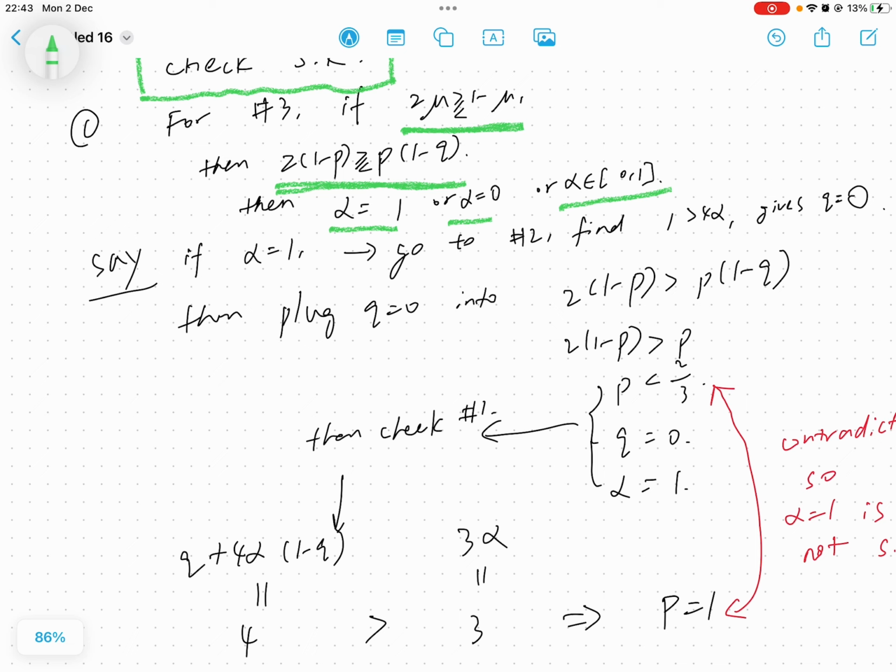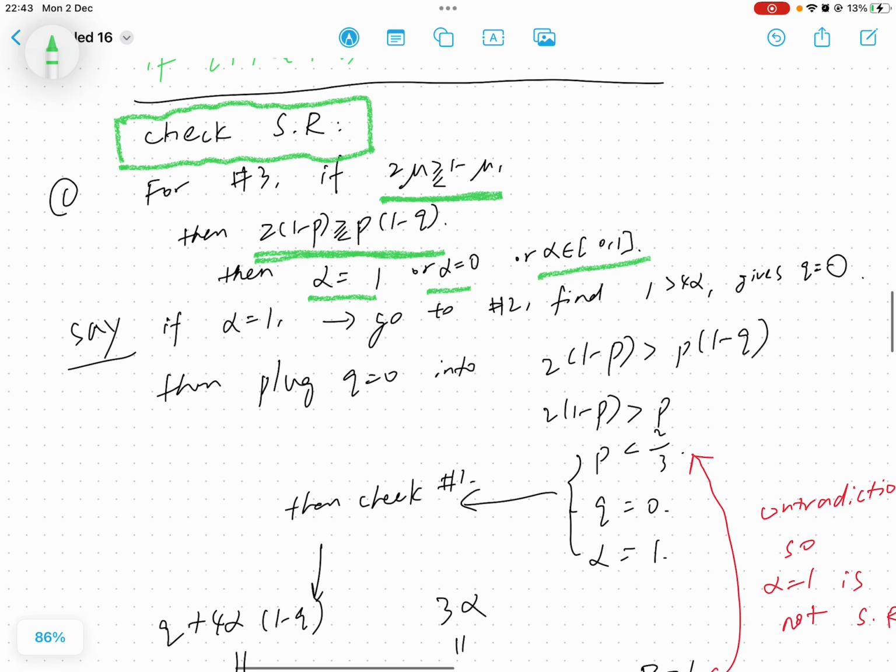Okay, so let's check that by starting with the first case. Let's say alpha is 1 here, from the perspective of player 3.